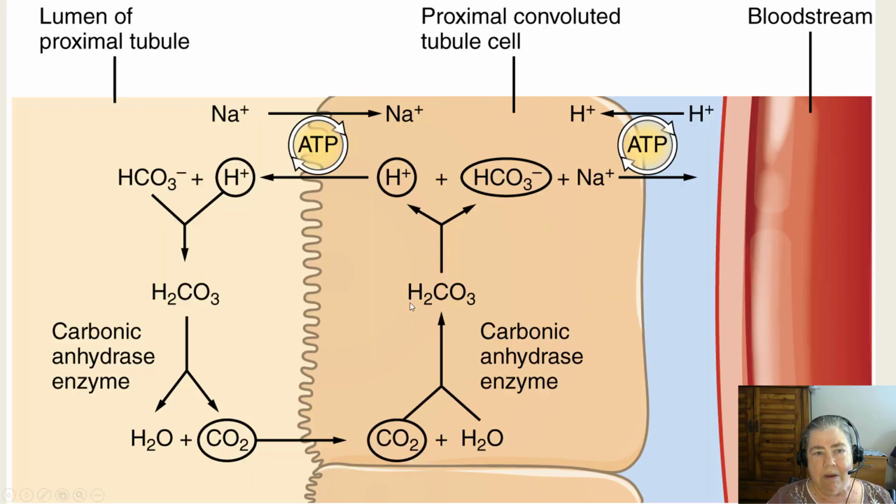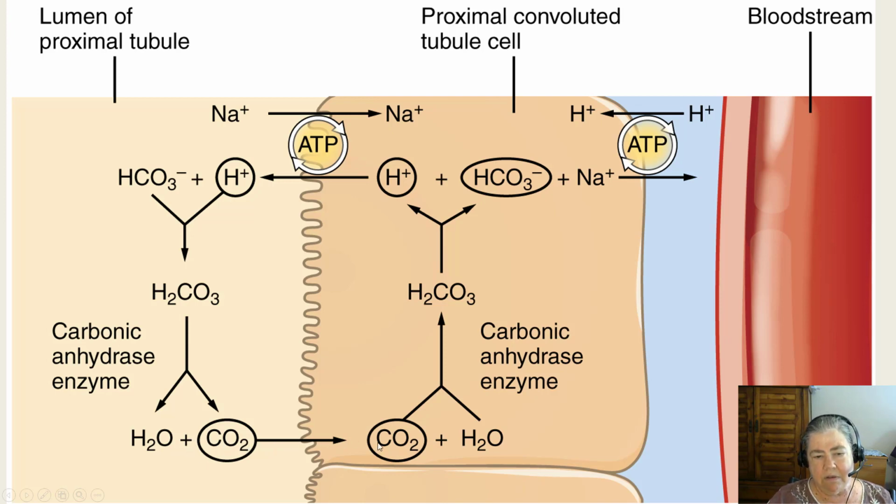And here we have a diagram showing this. It doesn't have the chloride countertransport, does it? Maybe it does. But we have the lumen. We have hydrogen ions exchanging with sodium ions, with the sodium going down its concentration gradient. We have the carbonic anhydrase enzyme combining the hydrogen ions with bicarb to make H2CO3, which now goes back to water and CO2.